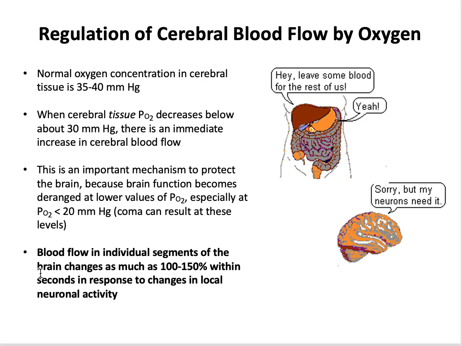The more active that neurons are in areas of the brain, astrocytes will help increase blood flow to those areas, right? Which makes sense. If you have areas that are working a lot harder, these neurons are firing a lot more, they're going to require more oxygen, more glucose, so we need to get more blood to those areas. That's the only statement that I want you to be aware of.